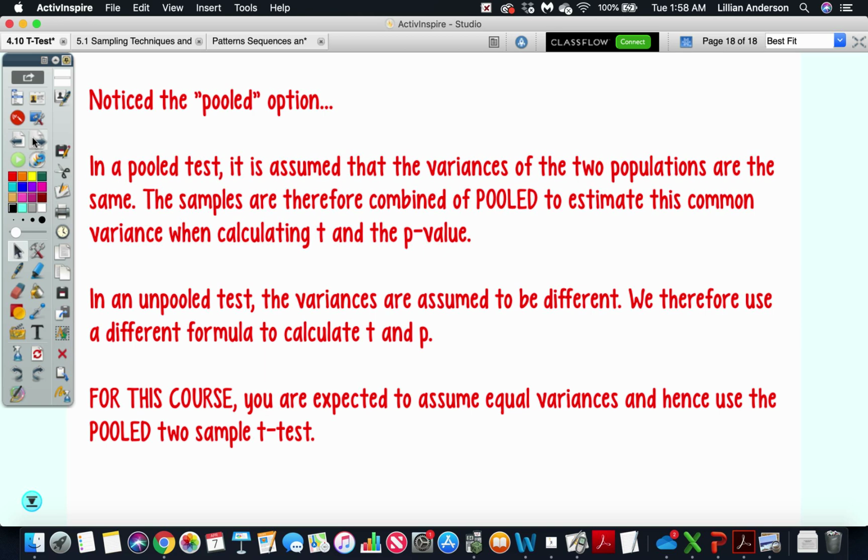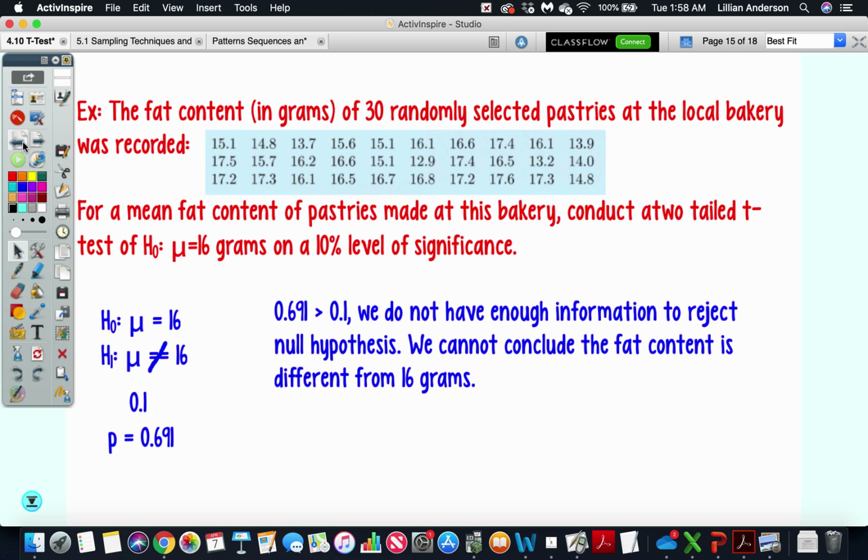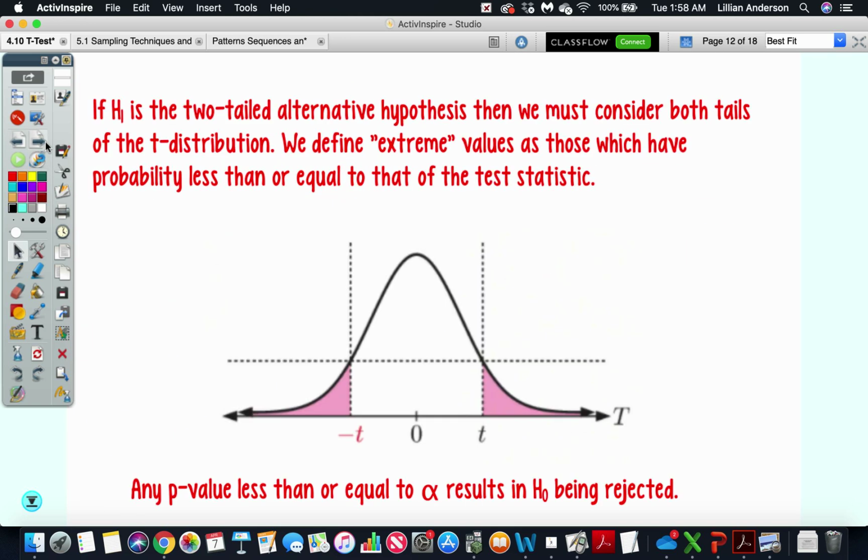So for this course, you're expected to assume that all the variances are equal, and so we will always pool for a two-sample t-test. When your calculator resets, it defaults back to no. So you want to make sure that for a two-sample t-test, your pooled is yes, because the variances are going to be equal.